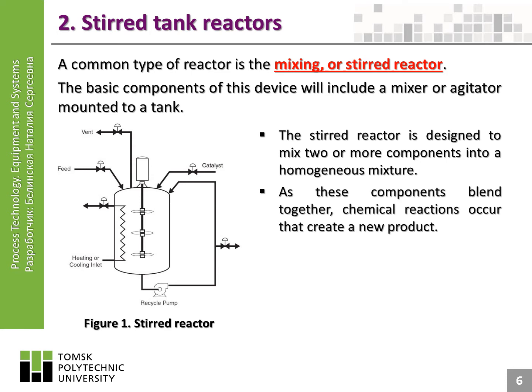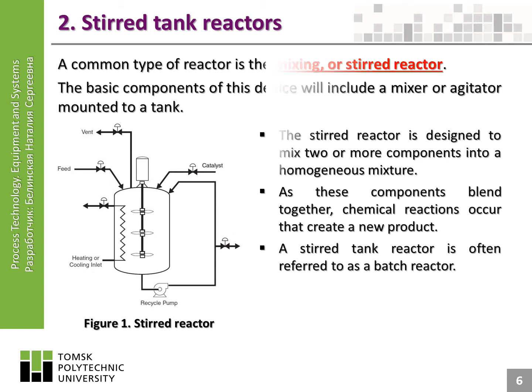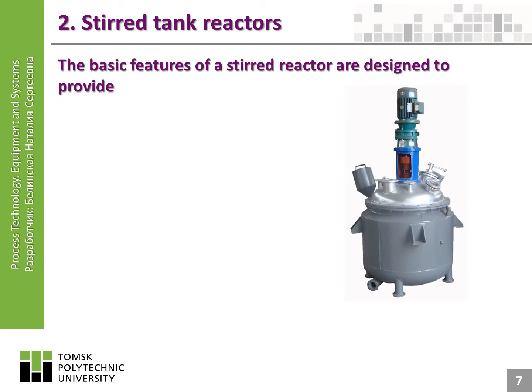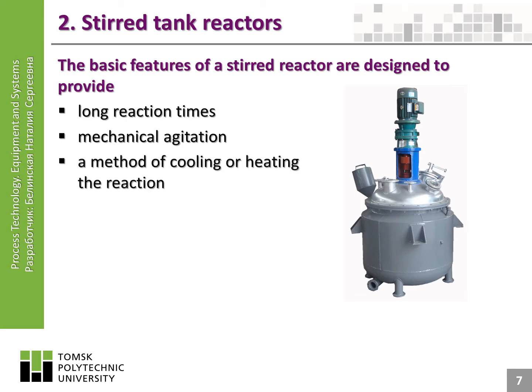As these components blend together, chemical reactions occur that create a new product. A stirred tank reactor is often referred to as a batch reactor. The basic features of a stirred reactor are designed to provide long reaction times, mechanical agitation, a method of cooling or heating the reaction.